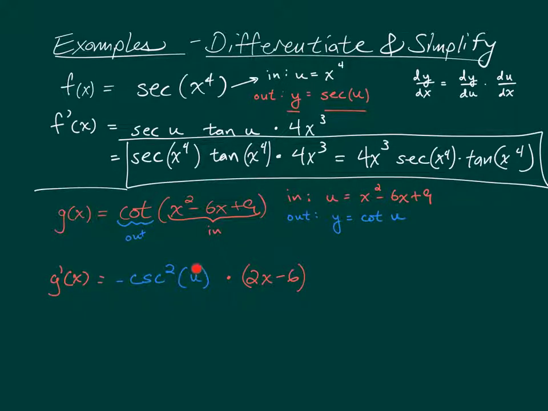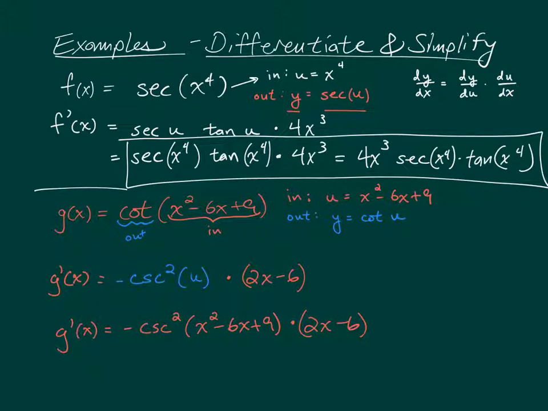We can't have any u's over here, so we have to make this substitution in for u. So u will turn into x squared minus 6x plus 9. So our final answer will look something like this: negative cosecant squared of x squared minus 6x plus 9 times 2x minus 6.